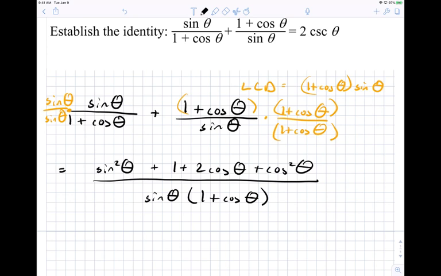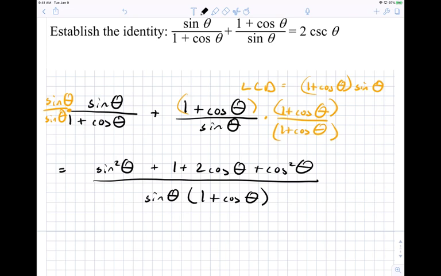Does anything jump out at you that we talked about today? If we just ignore this, there's the sine squared theta plus cosine squared theta. Okay, we see the sine squared plus cosine squared.